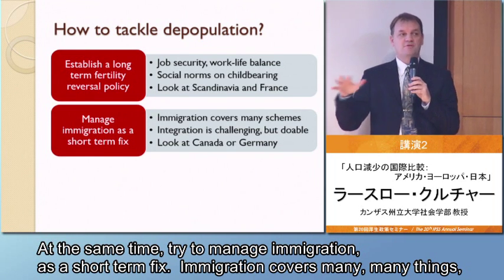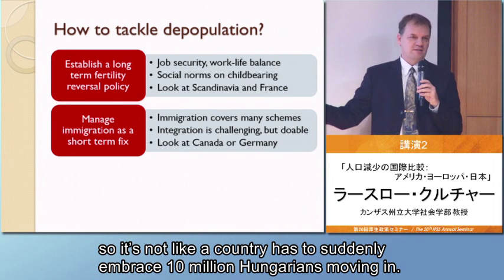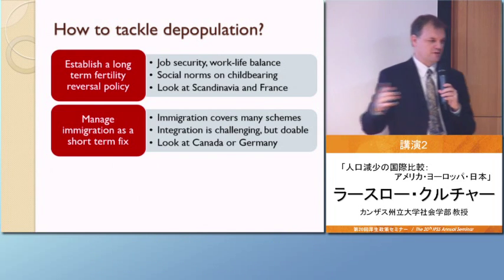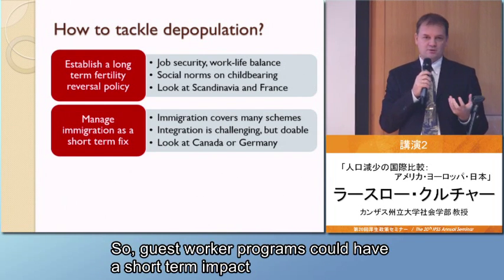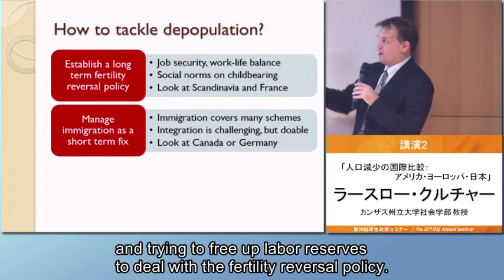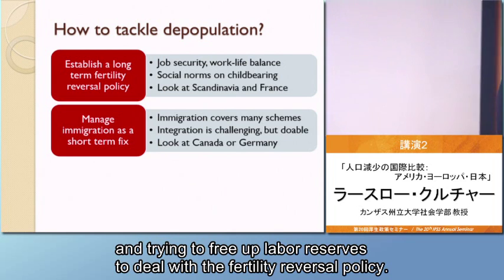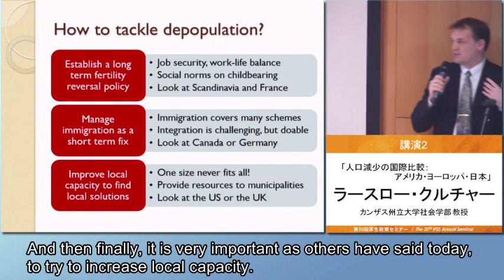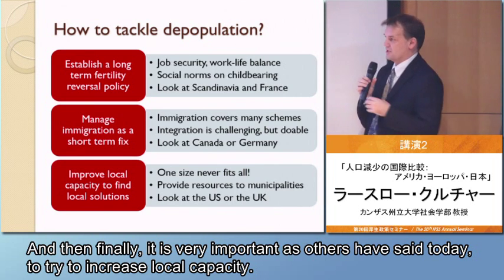Immigration covers many, many things. So it's not like a country has to suddenly embrace 10 million Hungarians moving in, right? So guest worker programs could have a short-term impact and help free up labor reserves to deal with the fertility reversal policy. And then finally, it is very important, as others have said today, to try to increase local capacity.